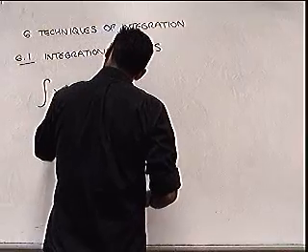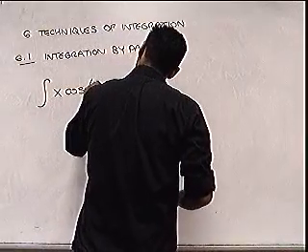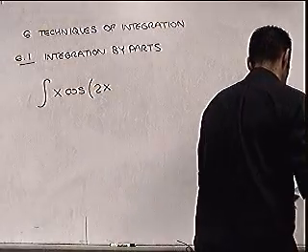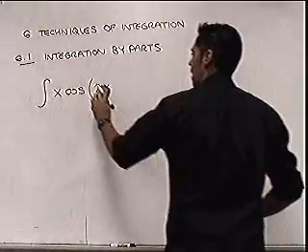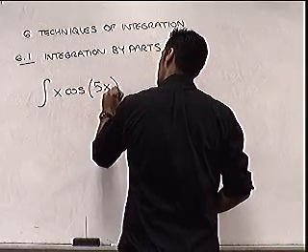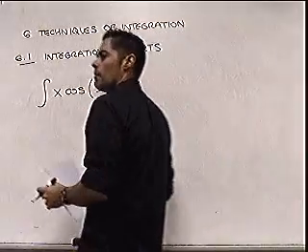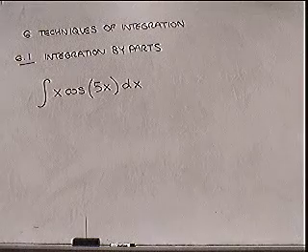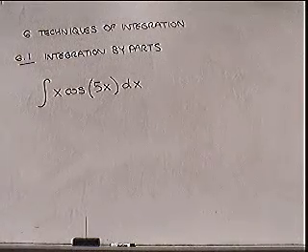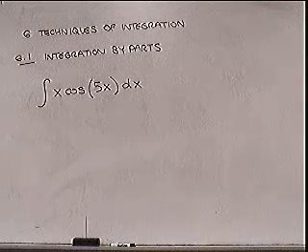Integral x cosine 2x. Well, you know what? Make it 5x. That way people aren't trying to do some double angle identity or something on that.